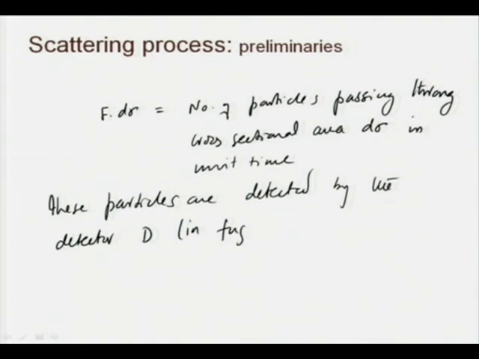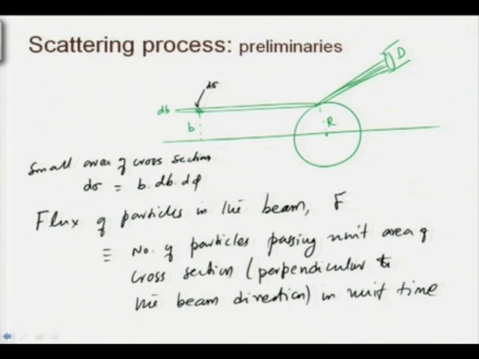Just refer to the figure, right. Let us say the position of the detector is kept at r theta phi. Okay. So, in polar coordinates r theta phi is the position of the detector.